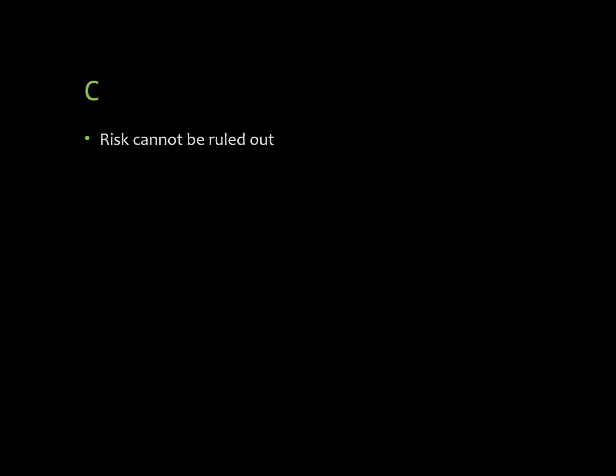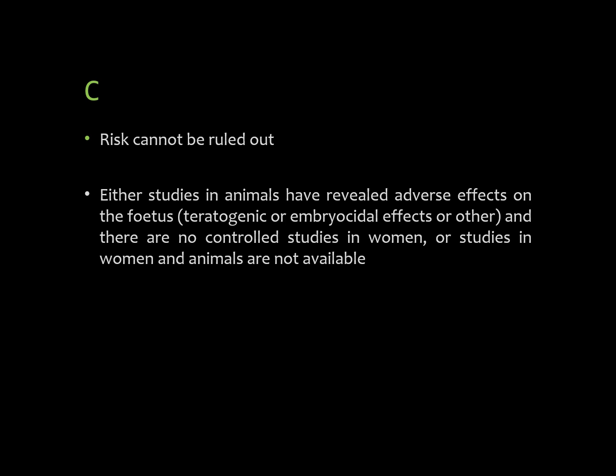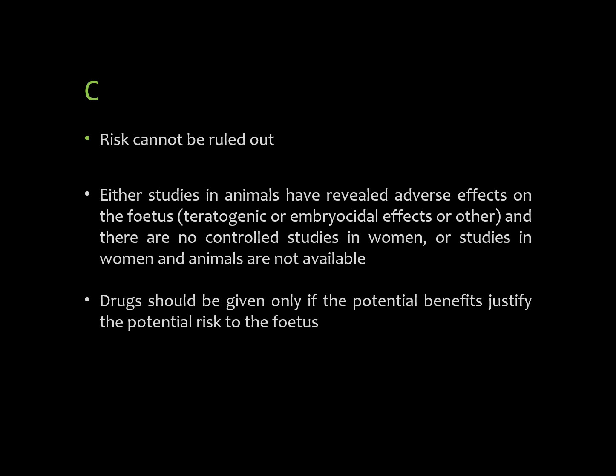And we have category C. Here the risk cannot be ruled out, but there might be situations where the benefit outweighs the risk, and these can be administered during pregnancy. Here, animal studies have revealed some adverse effects on the fetus and there are no controlled studies in women, or there are no studies in both animals and humans regarding the risk. So drugs should be given only if the potential benefits justify the potential risk to the fetus. Examples: tramadol, gabapentin, amlodipine and trazodone.